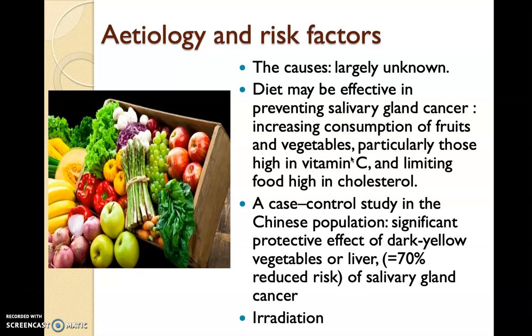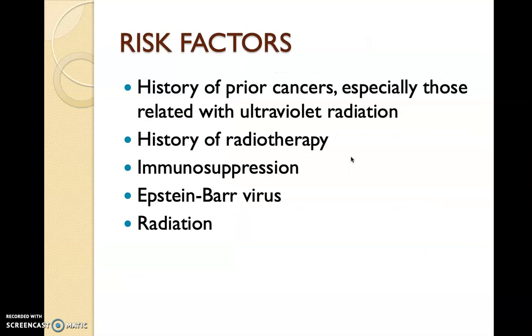And the most important thing is irradiation. It means if there's any radiation before, for example, if you have any thyroid radiation or head and neck radiation because of squamous cell carcinoma, then you have to review the patient in the long term because you're scared that salivary gland neoplasm might happen. Okay, so the risk factors: if there's history of prior cancers, history of radiotherapy, so that's why radiotherapy of the head and neck is very important.